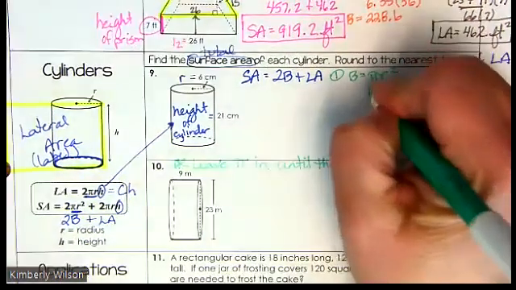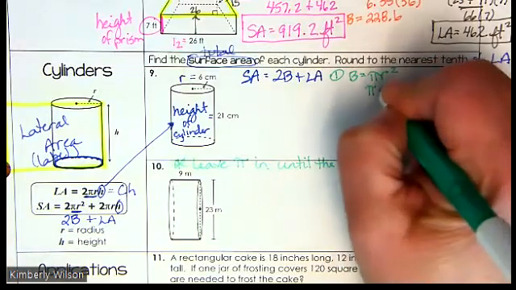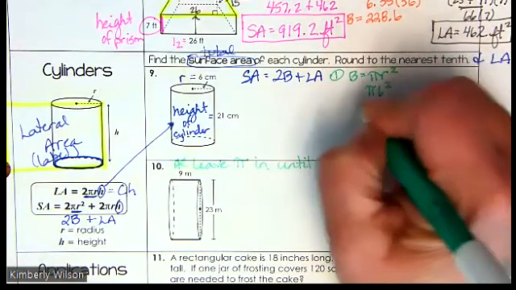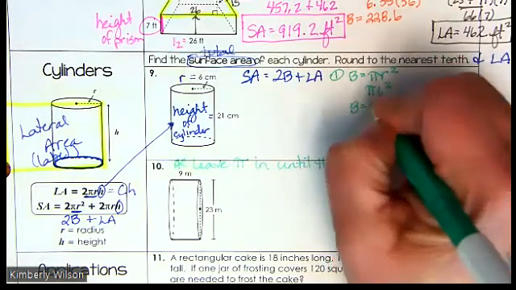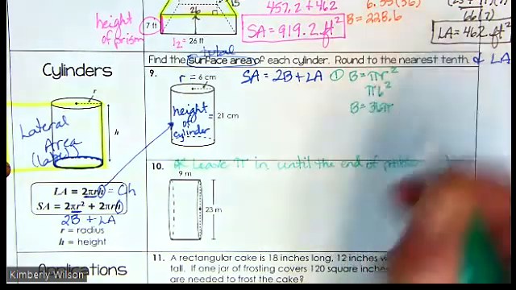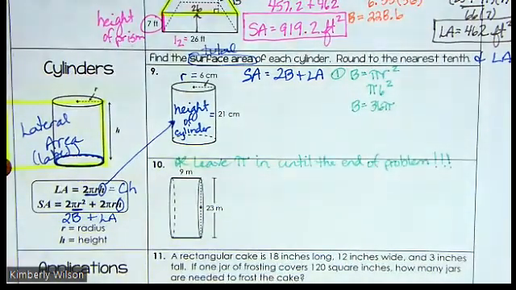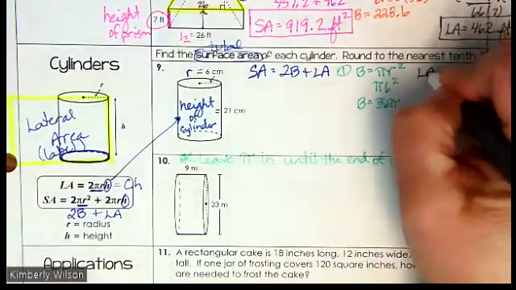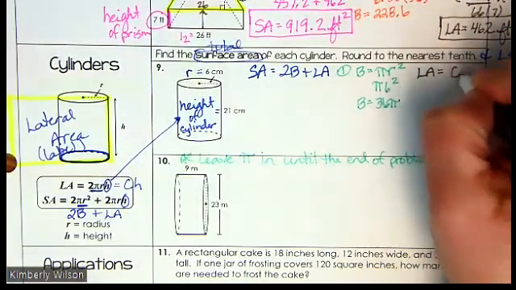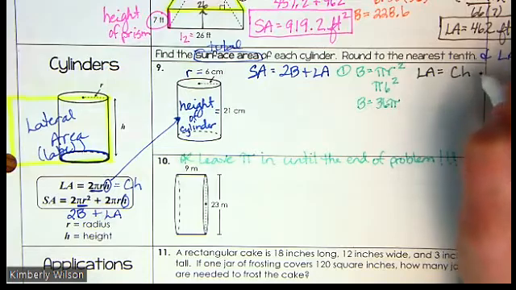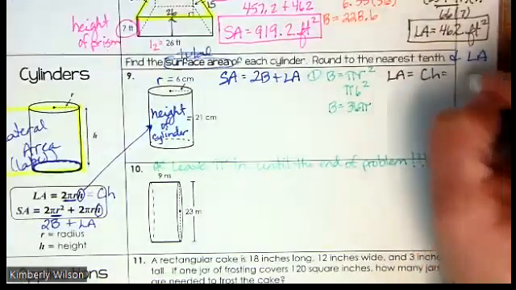So we have pi times 6 squared, which means the capital B is going to be 36 pi. And I'll leave it there. I don't go any further. Here we go. Now we're finding the lateral area, which for us is the circumference times the height, which can also be just 2 pi RH.